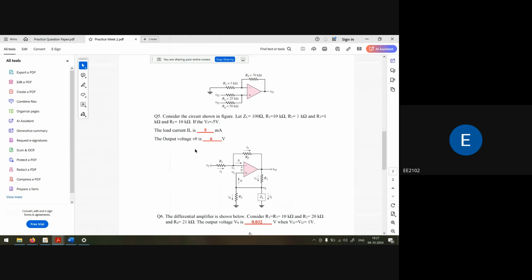What is the voltage? If you see, there is a positive feedback as well as negative feedback, both feedbacks are available. Okay, this is the feedback.